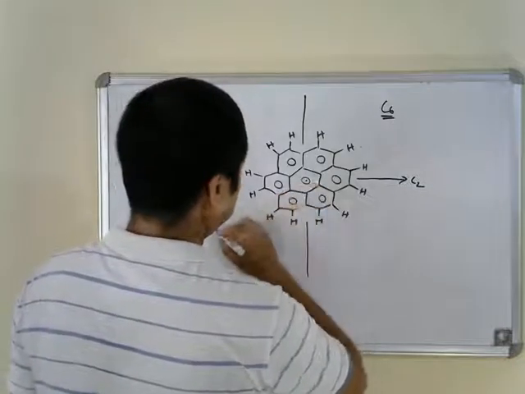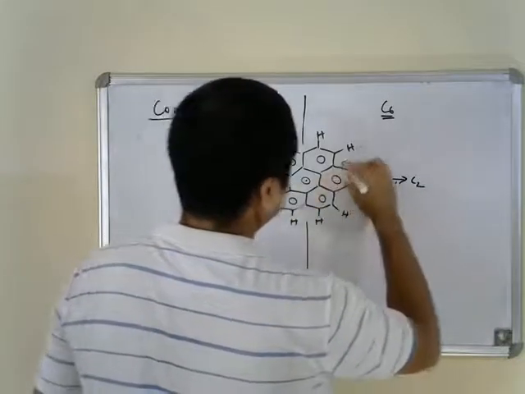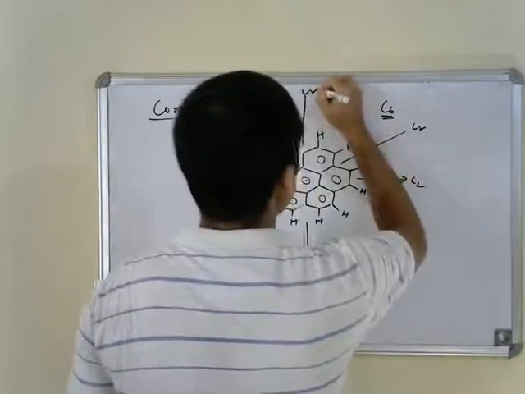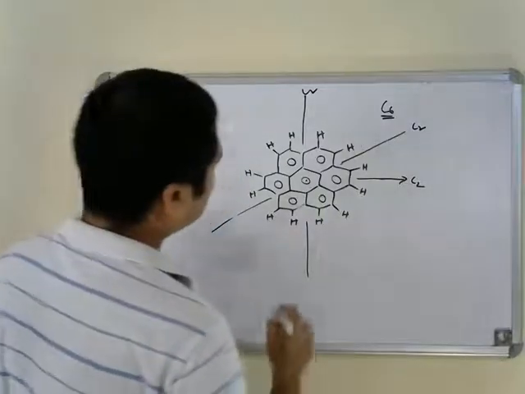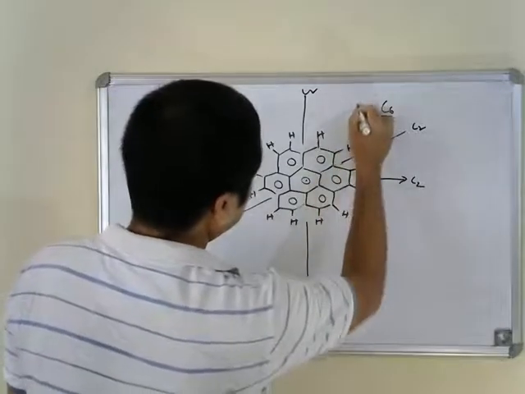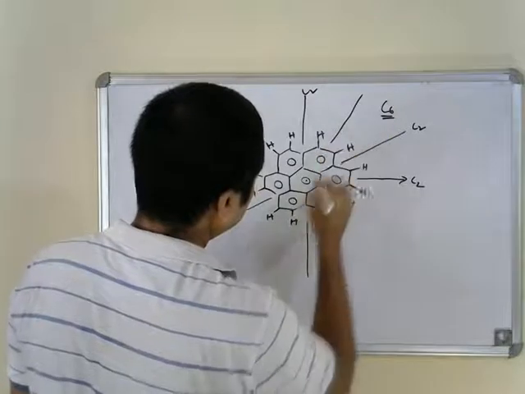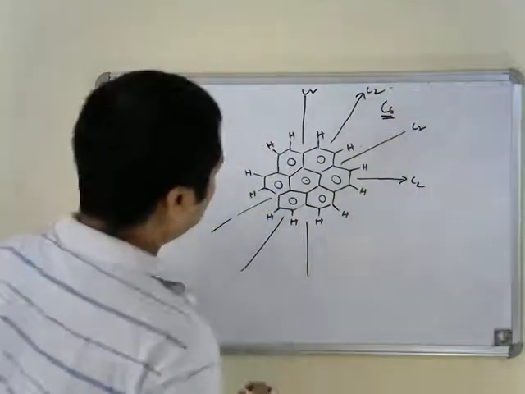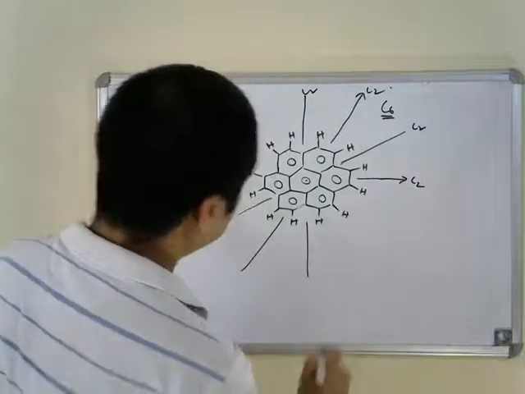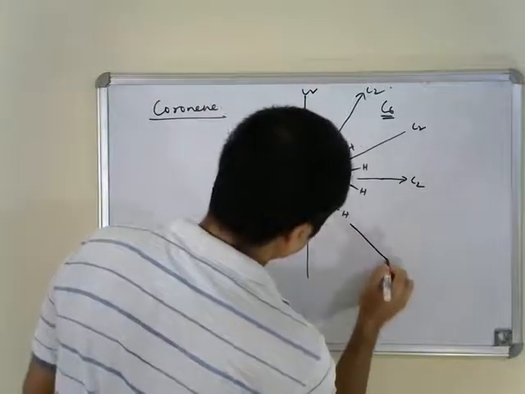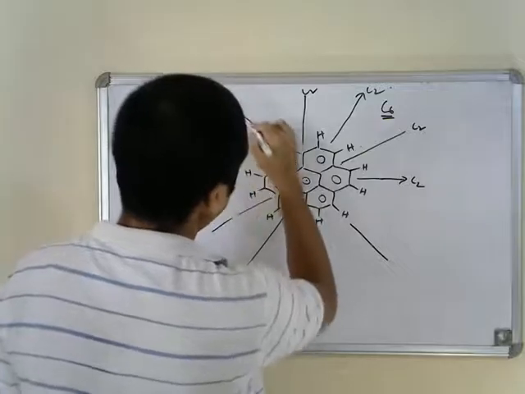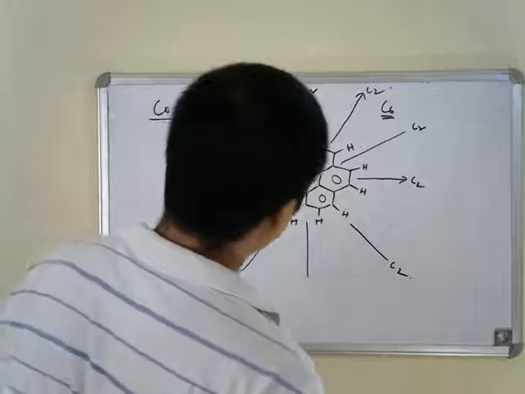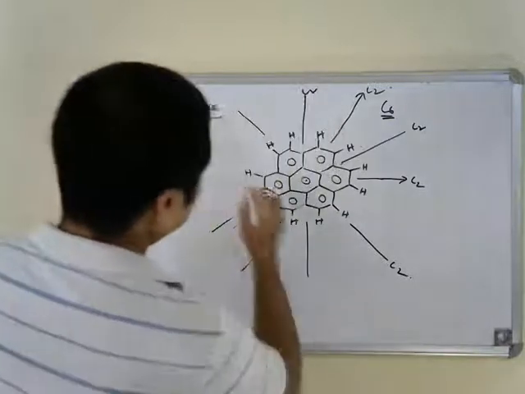Then we have another C2, and another C2, and then we also have C2 in this way, and then C2 in this way, and then we also have C2 in this way.